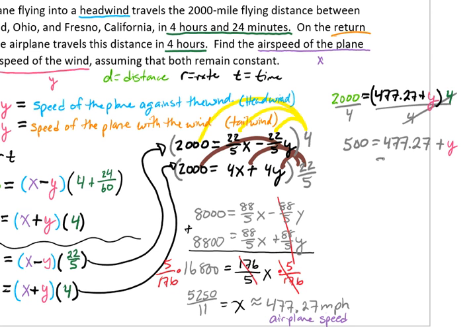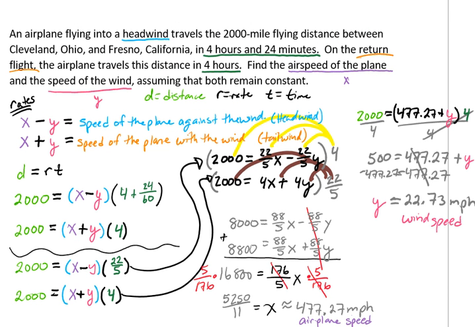And so to finish solving, we're just going to subtract the 477.27 from both sides, and we're going to find that our y value, well, not really for the aircraft because that was our x, but the wind speed, is going to be 22.73 miles per hour.